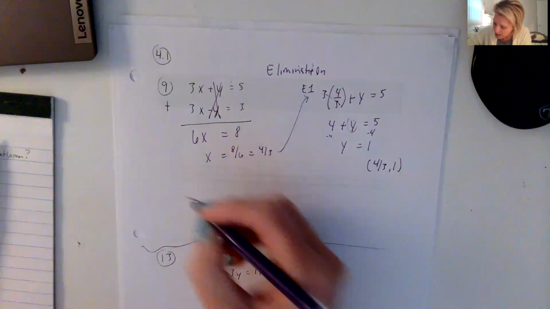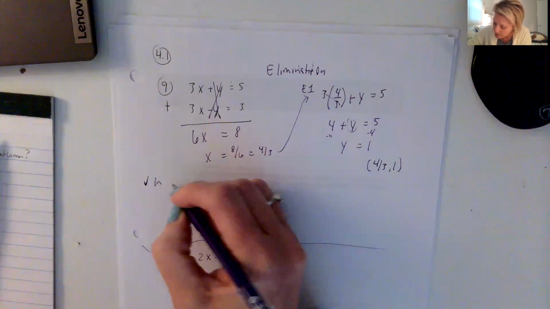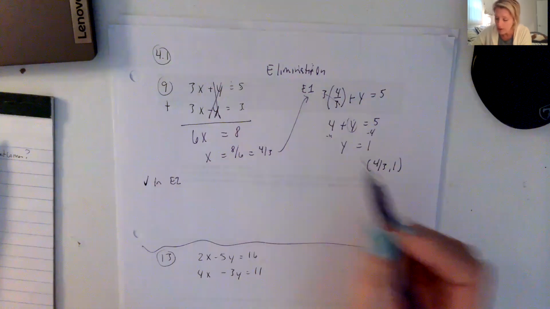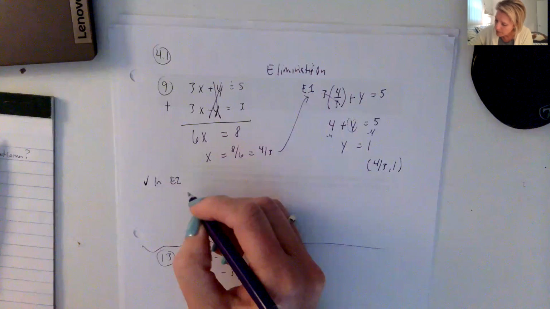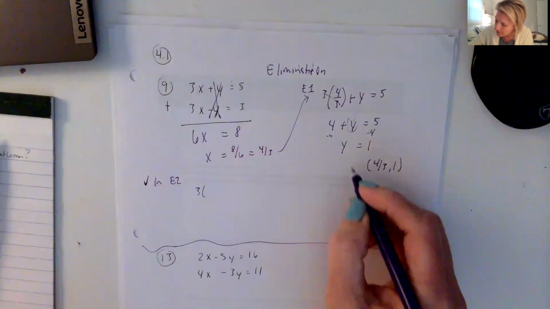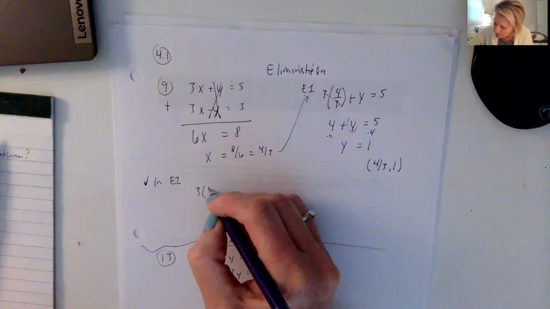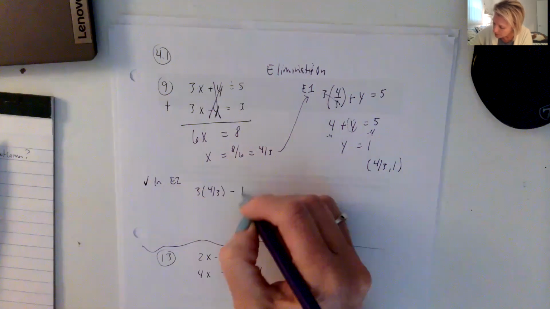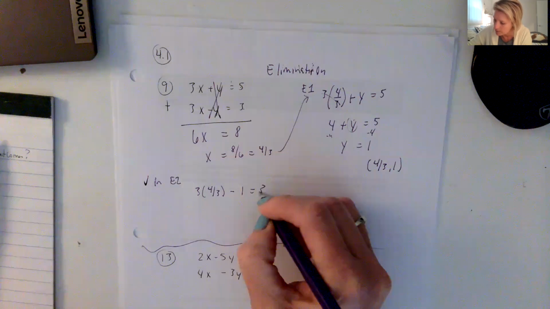And then we are going to get really good at checking our answers. So we are going to check in equation 2. I used equation 1 to solve, and so I'm going to check in equation 2. So that means 3 times x, which is 4/3, minus y, which is 1, equals 3. I want to make sure that this is a true statement.